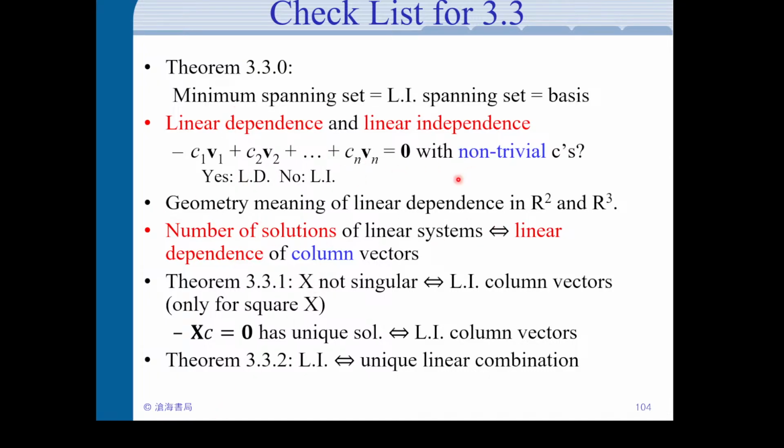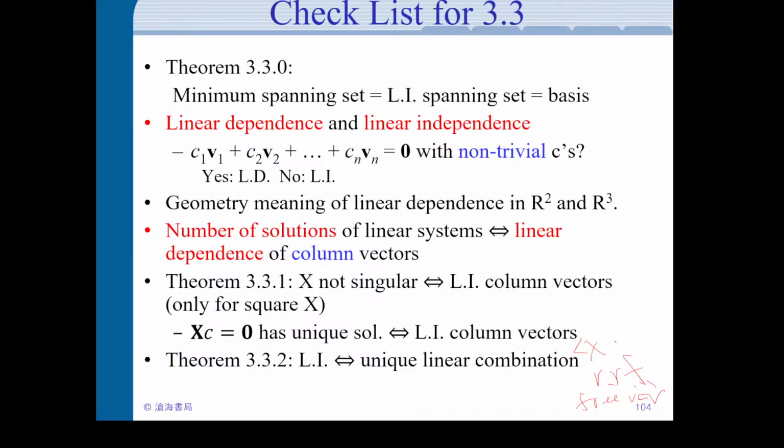We have a geometric meaning of linear independence. If you want to see whether some vectors are linearly independent, you can check whether the matrix X is singular or not, or when it's not square, we need to check the row echelon form, and whether it has a free variable.